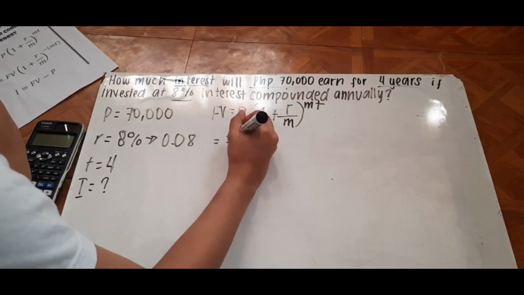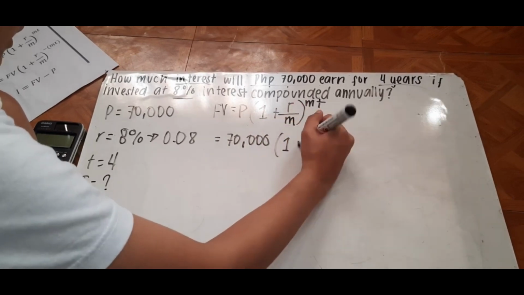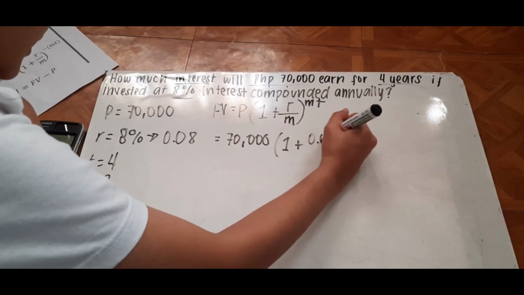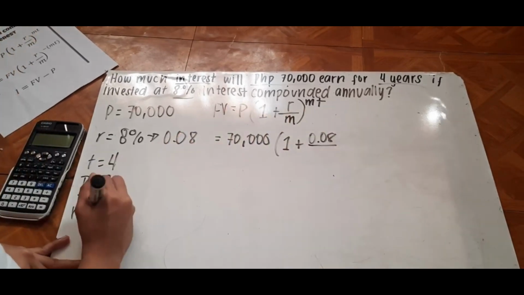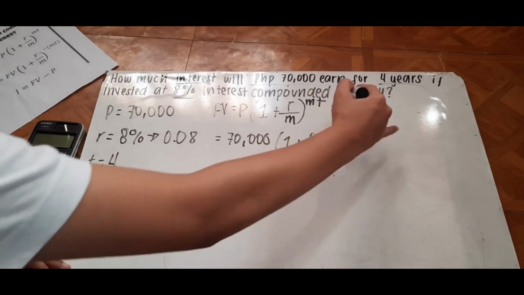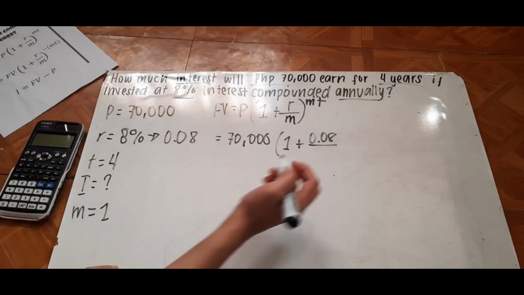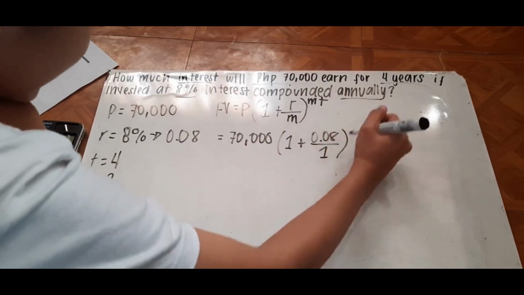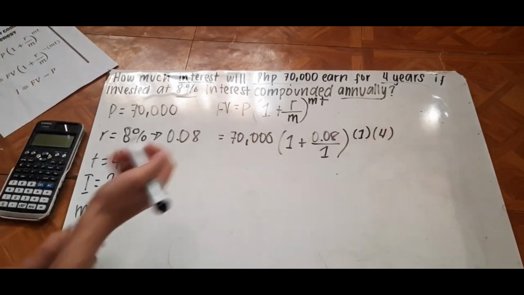Substitute all the given. So 70,000, 1 plus 0.08 over M. The M is annually, so it's 1. Since it's annually, we're going to use M equals 1. So 1 raised to 1 times 4.